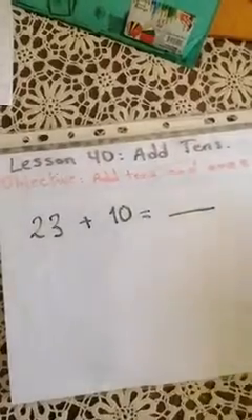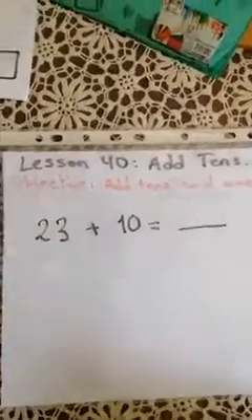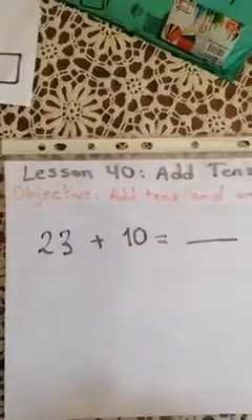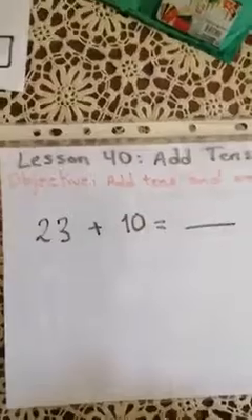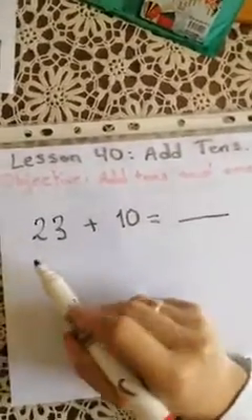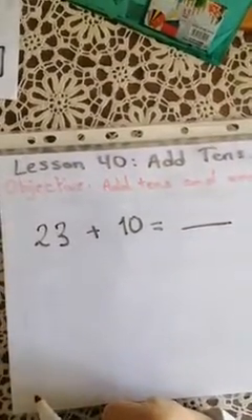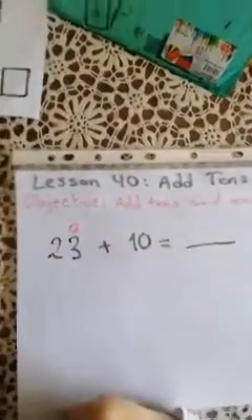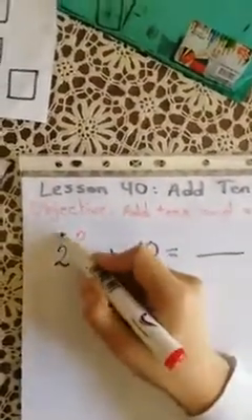Who can remember what we write above the numbers? We write T for tens and O for ones. So let's start with the number 23. Which number is the ones? 3 is for the ones and 2 is for the tens.